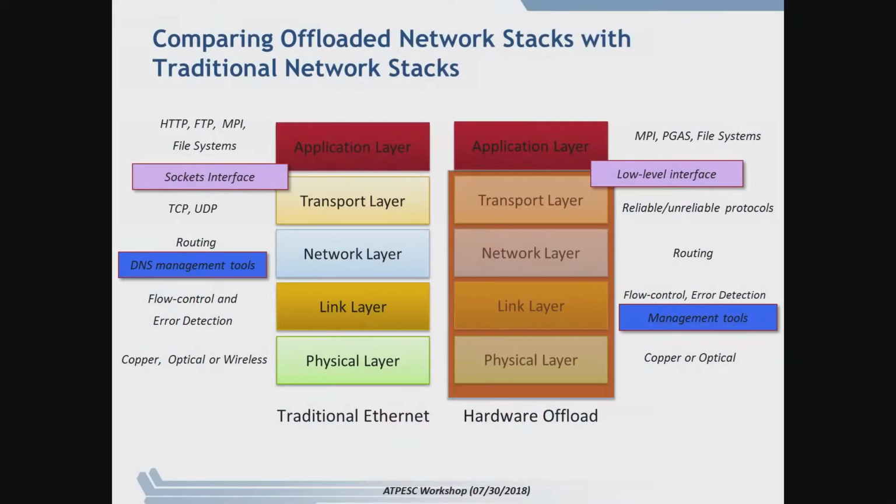As opposed to the left side, where you've got more webby technologies like HTTP and so forth. And so when we're talking about offload, on the left almost everything is being handled by software, whereas everything up until this point in an HPC system we're starting to see offloaded into the hardware itself.